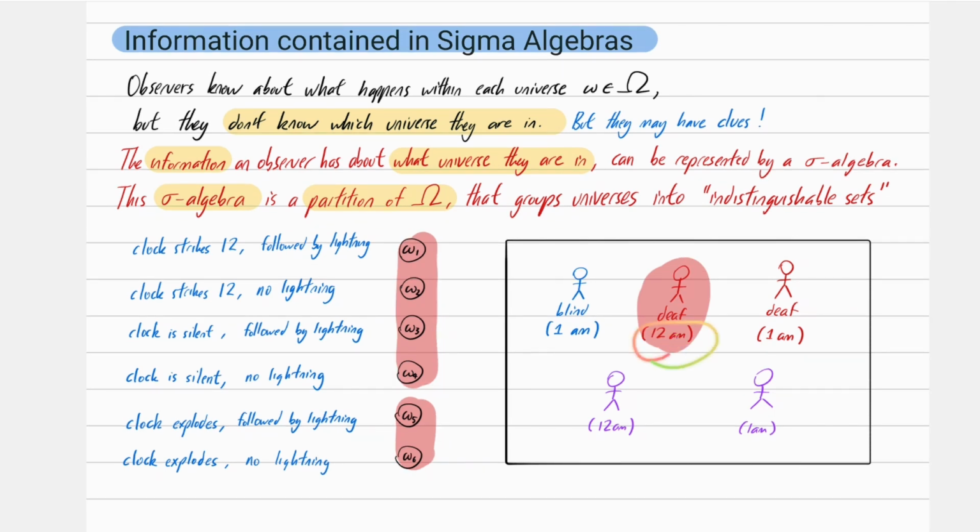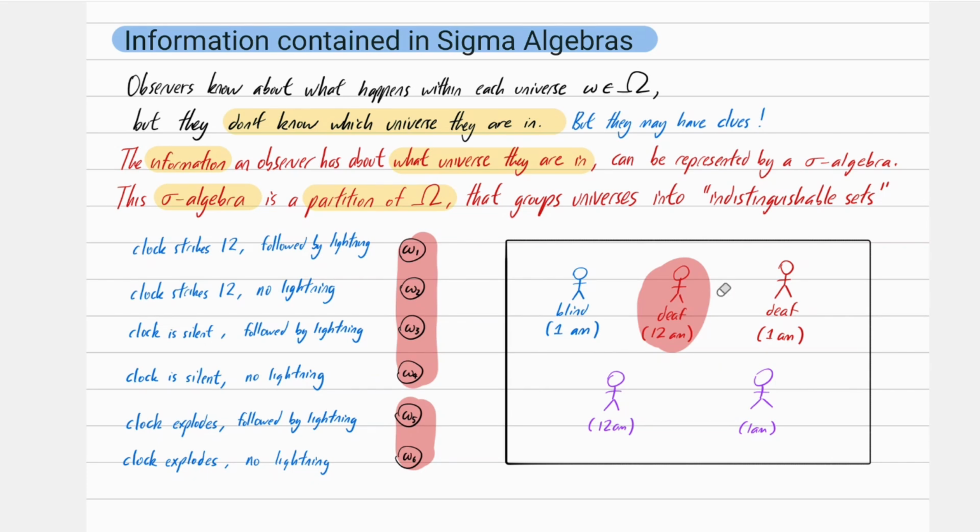Note that since this is at exactly 12 AM, the lightning has not happened yet, and therefore this deaf man is unable to use the information from the lightning to make further decisions about what universe he is in. And thus this is the most he is able to narrow it down.